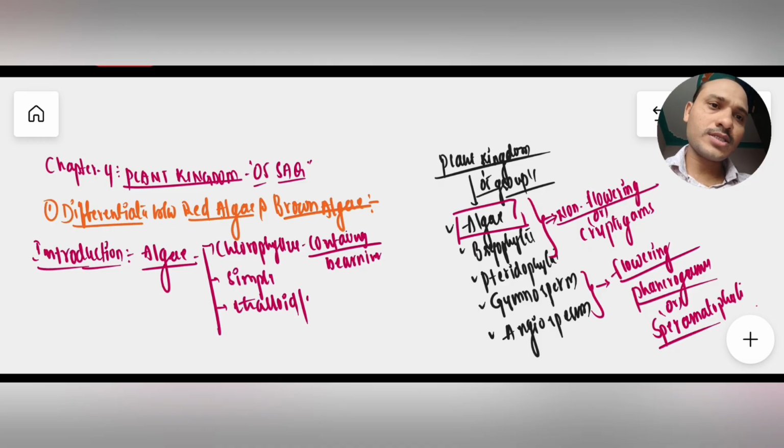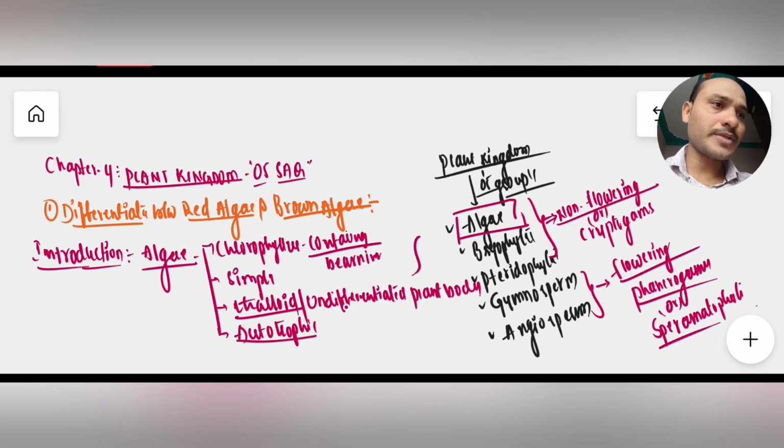It means an undifferentiated plant body, which does not differentiate into root, stem, and leaf. They have simple filamentous bodies only, an undifferentiated or thalloid body. Remember, they have chlorophyll, hence they are autotrophic and prepare their own food.